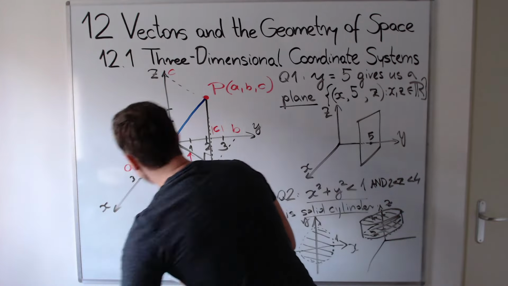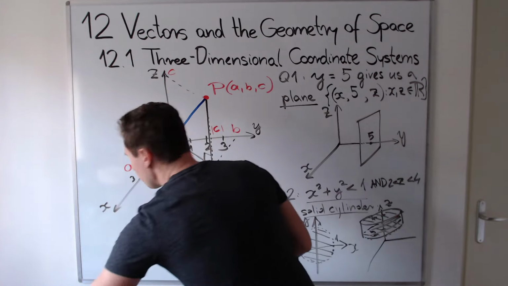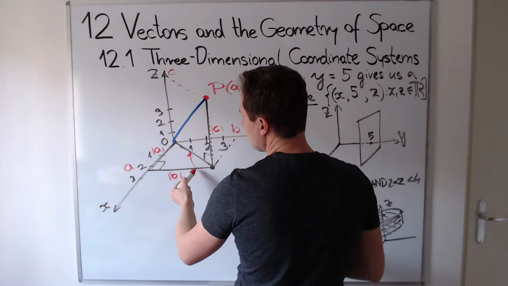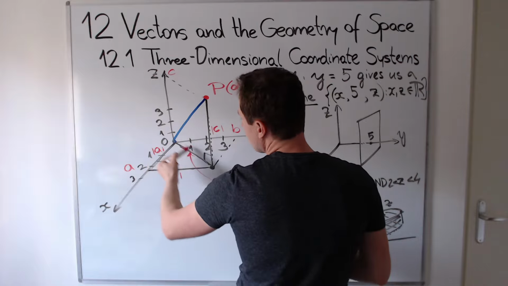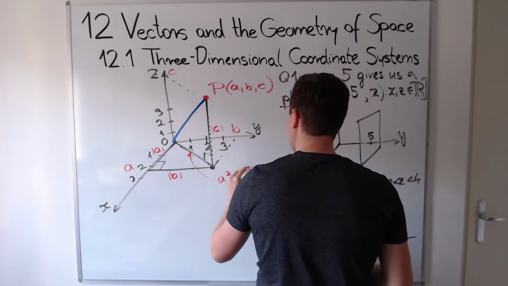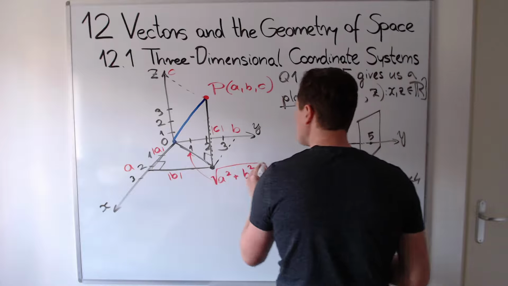Okay, so now if we look at that hypotenuse first, according to Pythagoras, a squared plus b squared equals this length squared. So if I want to get that length, I have to take the square root of a squared plus b squared.